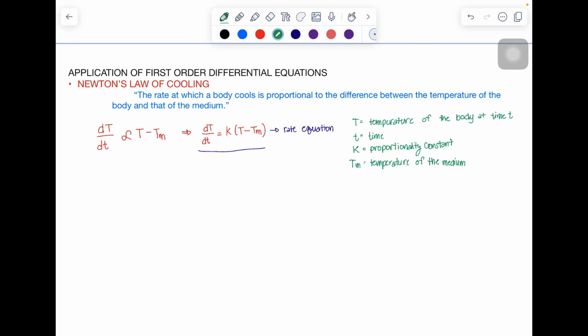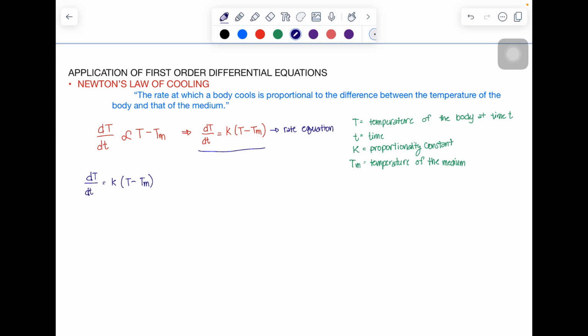All right, so how do we find the general solution to this differential equation? Okay, so as you can see, let me rewrite that. This equation is a differential equation. Now by variable separable, let's separate the change in temperature and change in time.